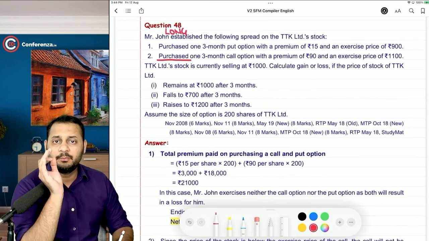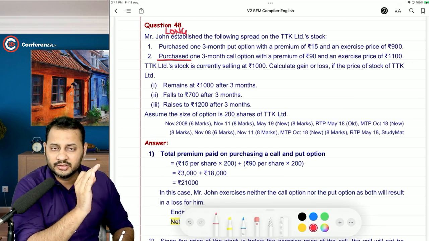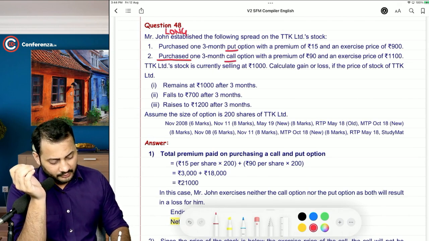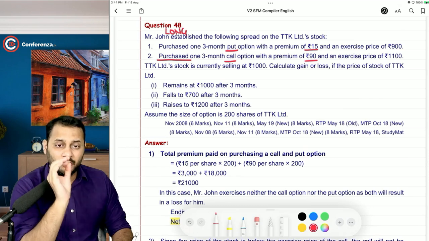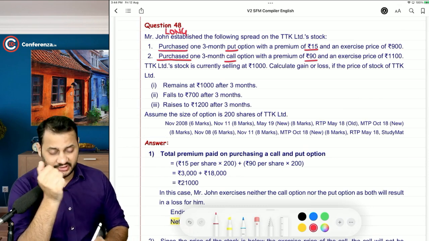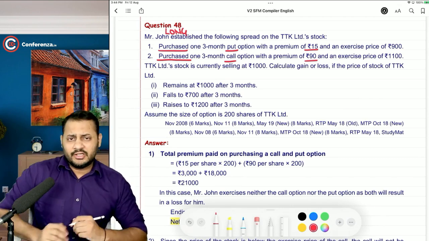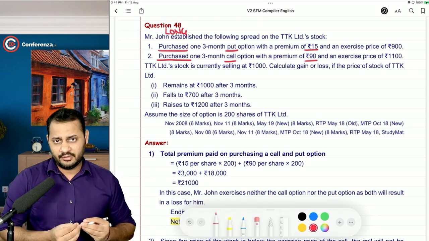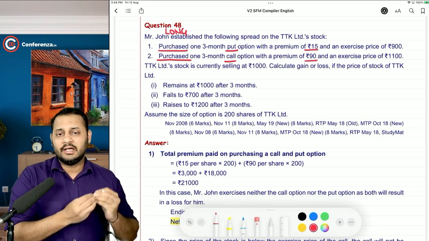1 3-month put option and in the second part it's a call option. Put and call, with premiums of rupees 15 and 90, both are his outflows. Why? Because he has purchased the options. So whether you purchase a call option or put option, you are buying the right to sell and to buy.